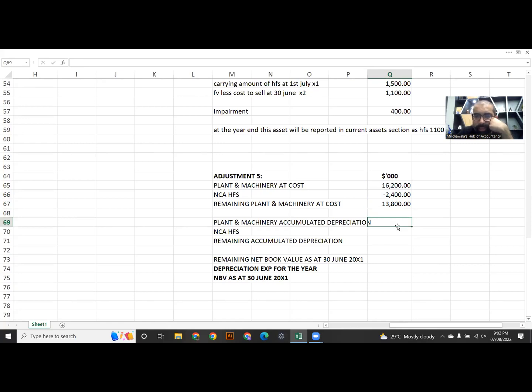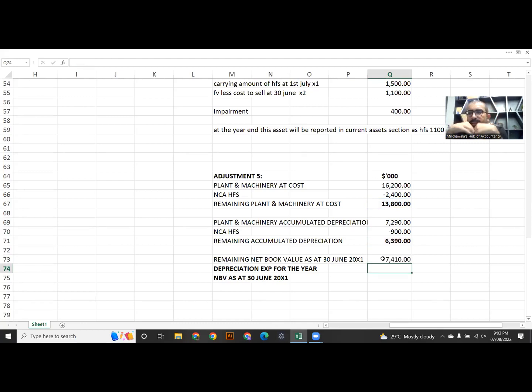Now, the accumulated depreciation already given in the question is 7290. I hope you remember the accumulated depreciation of held for sale was 900. So it's 6390. Now, what is the remaining net book value? See, this is the remaining cost, and this is the accumulated depreciation at the beginning. First, this minus this gives the opening NBV.